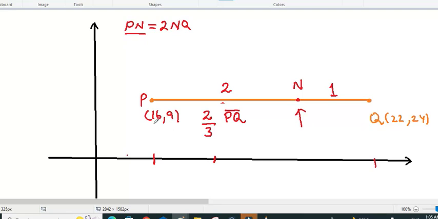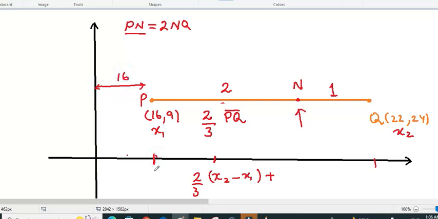If I only go for the x coordinate, the distance between x1 and x2 will be x2 minus x1. For this point, this will be 2/3 of x2 minus x1, plus, basically this distance is already 16, as you can already see it.